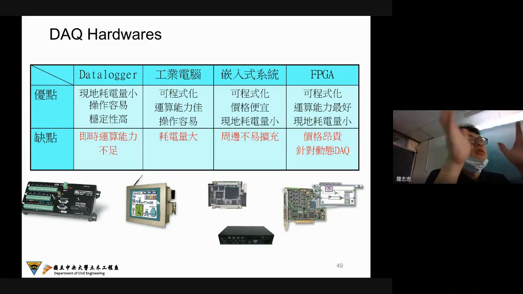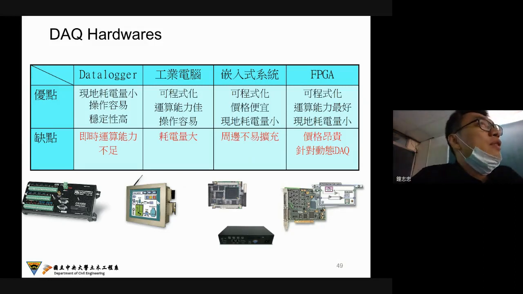And of course, it means that the FPGA has higher computing capacity. So for some very advanced signal processing, we may use the FPGA, but of course, it is very expensive.